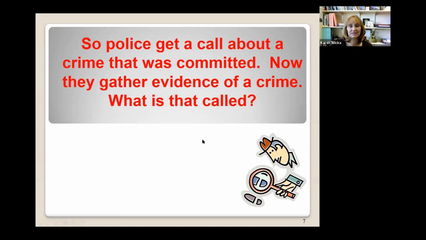Now, one thing I forgot to tell you is I have posted a document online, and it's a chart which is talking about the steps in the criminal justice process. I would suggest that you print this out. Let me show you what it looks like.